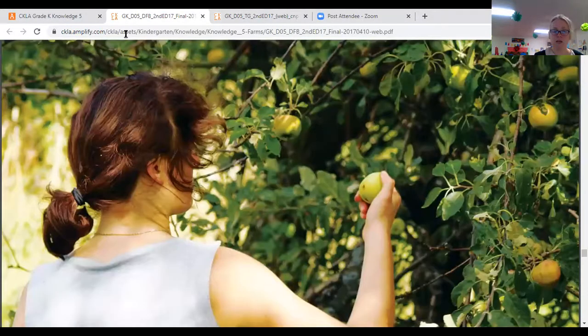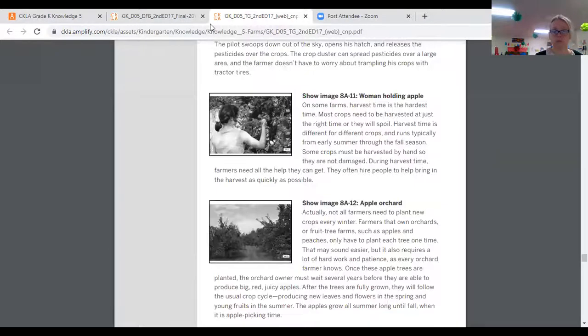All right, here you are looking at a woman holding an apple. And the time of the year that's really hardest for farmers is the harvest time. Most crops need to be harvested at just the right time or they will spoil. Harvest time is different for different crops and it can occur at different times.